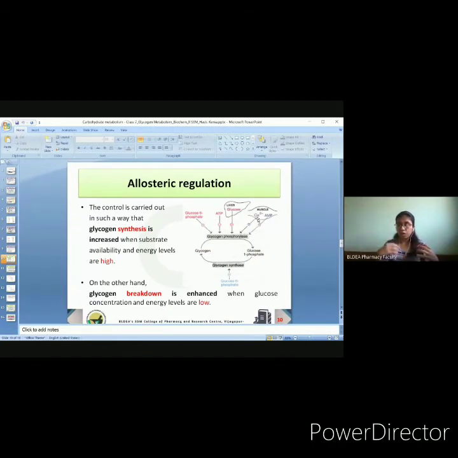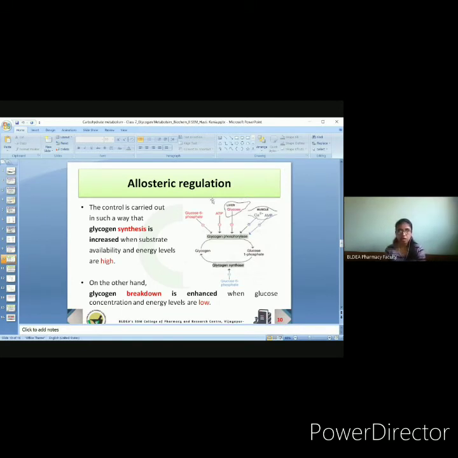Directly in the morning we have breakfast, and in between, many of the organs are functioning automatically, so they require energy. If energy stores are decreasing, glycogen molecules will be degraded and glucose will be synthesized, and that glucose will be utilized for synthesis of ATP, either in the fasting condition or in between meals. So these are the two conditions when glycogen breakdown takes place.